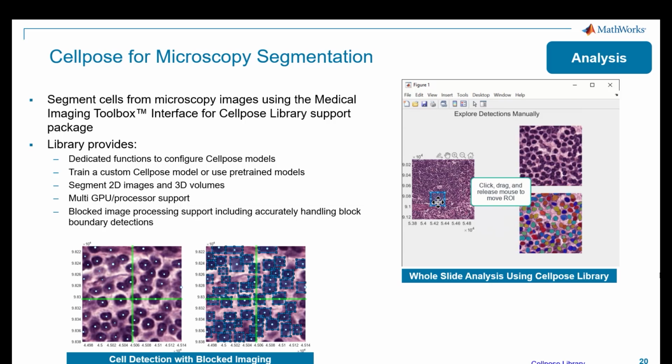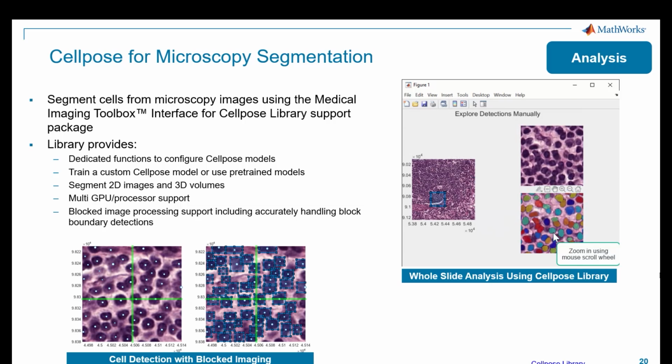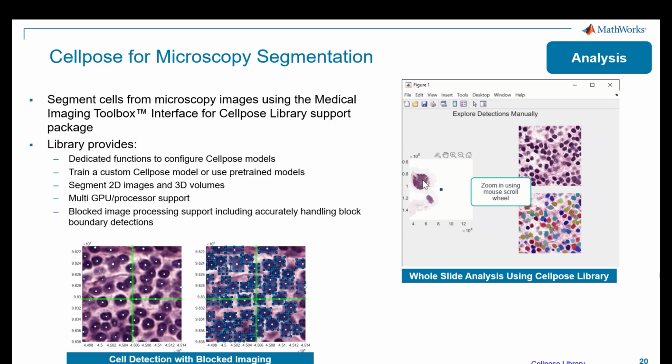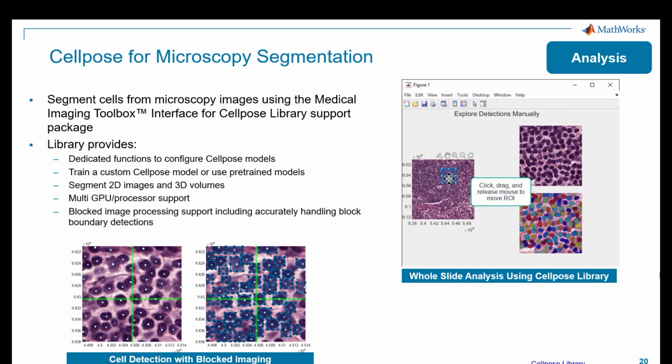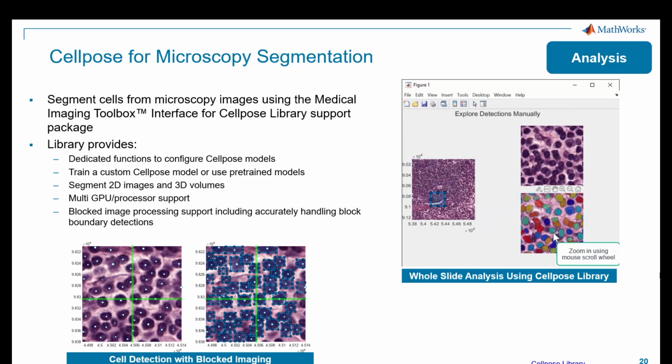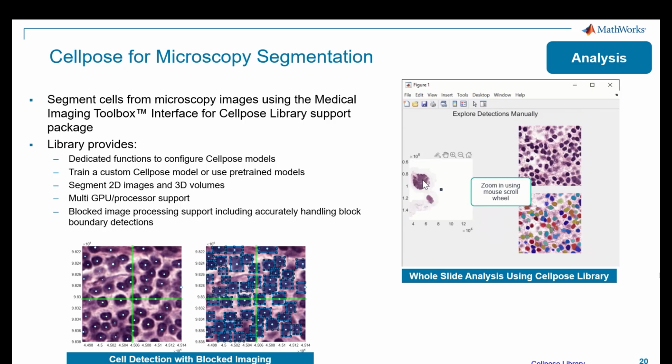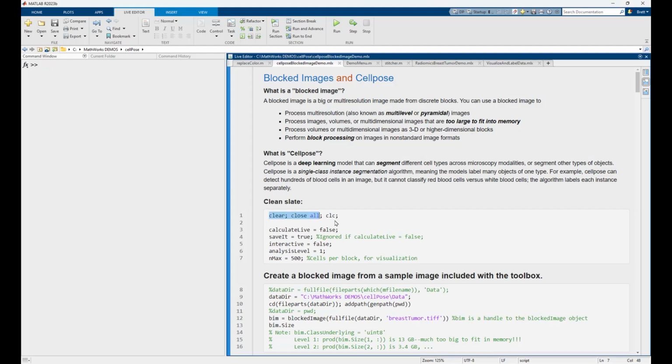Cellpose is a single-class instance segmentation algorithm, meaning that it can label many objects of one type. For example, Cellpose can detect hundreds of blood cells in an image, but it can't differentiate between red blood cells and white blood cells. But recall that we've seen previously that segmentation can be the first step to characterizing our identifying regions of interest. So let's go one more time to MATLAB to answer these questions.